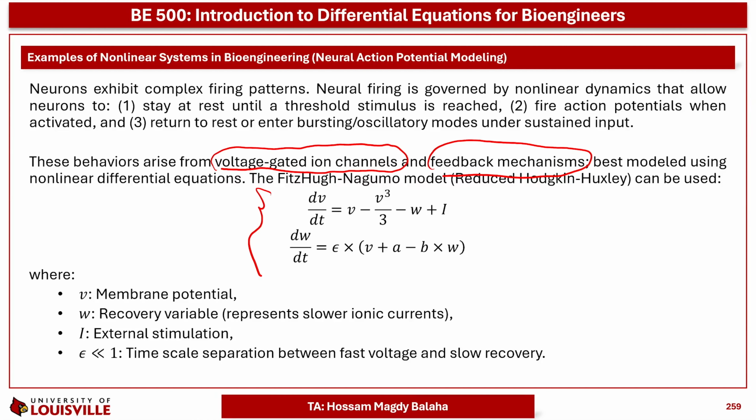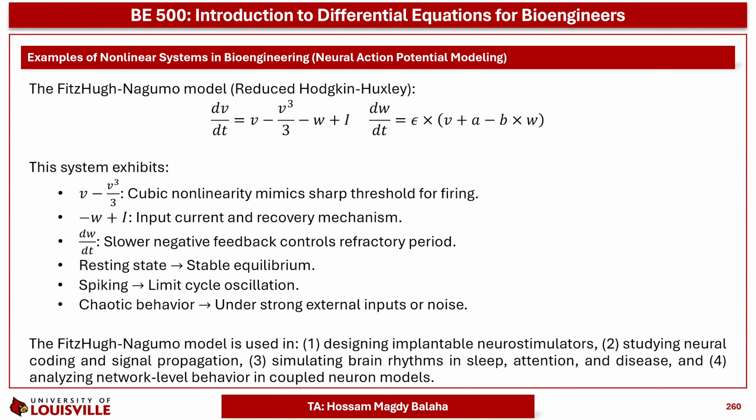If you look carefully at V cubed here, you will find that we have a cubic nonlinear differential equation. So we can say we have here a cubic nonlinearity, and this will mimic the sharp threshold for firing. We have also minus W plus I, which is the input current and recovery mechanism, and dW/dt is a slower negative feedback that controls the refractory period.